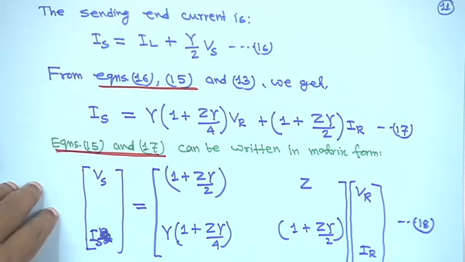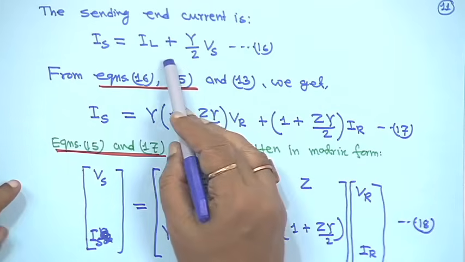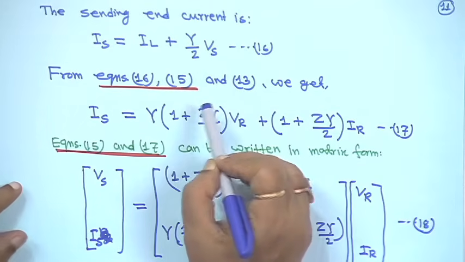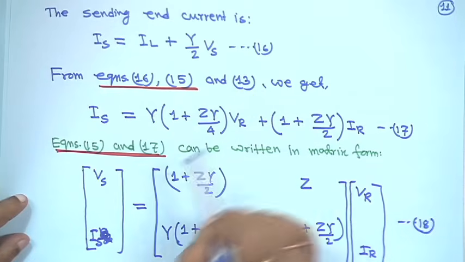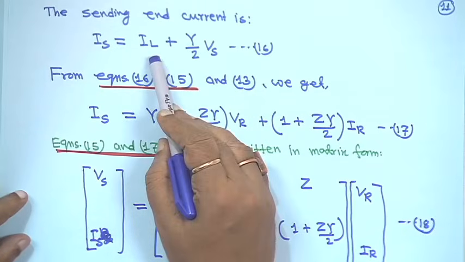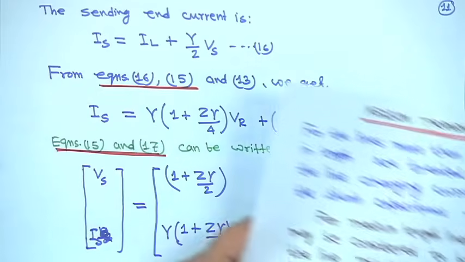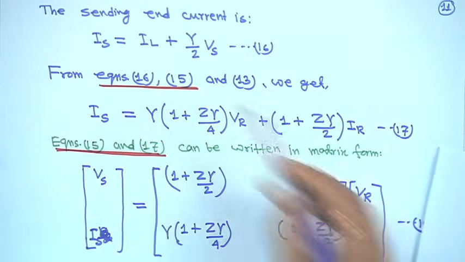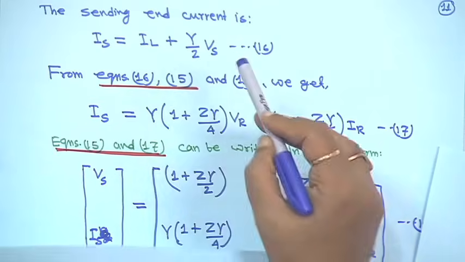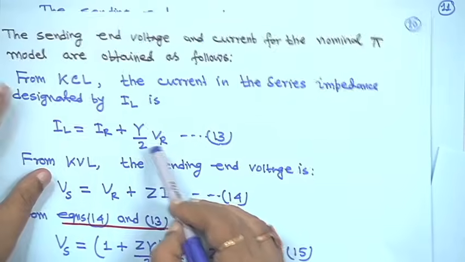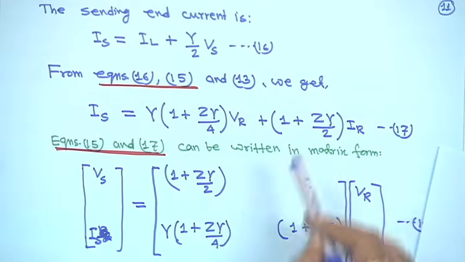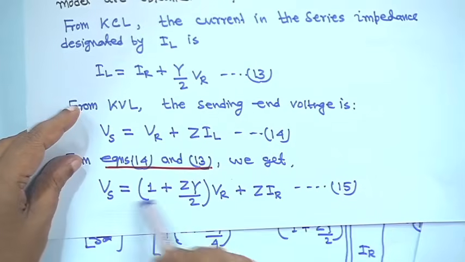Now, equation 16 is a function of IL and Vs, so you substitute IL from equation 13 and Vs from equation 15 into this expression.